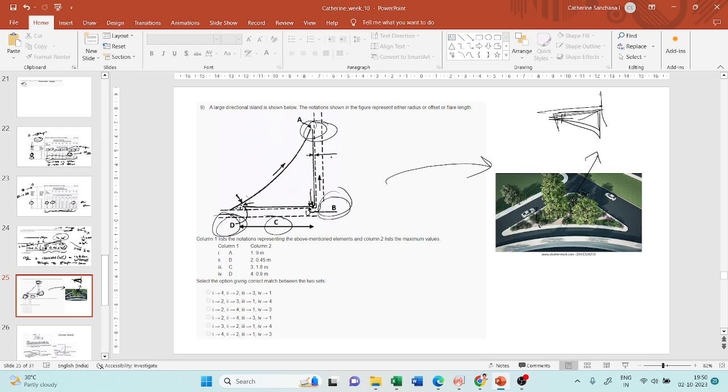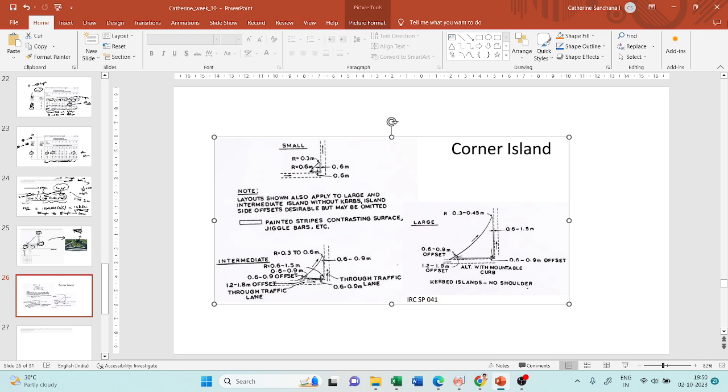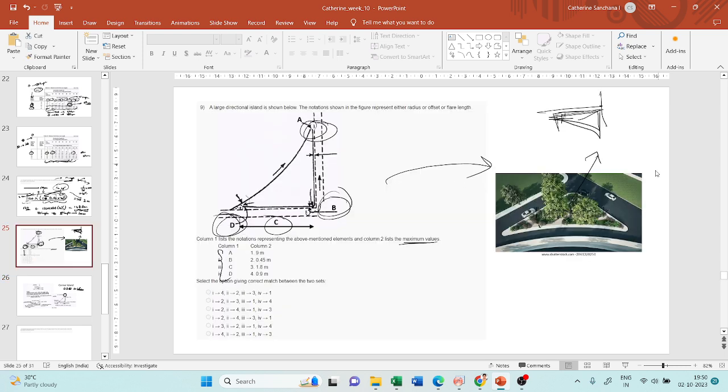They're asking you to match these A, B, C, D with the maximum values, right? So if you see this figure, first let us see A. A was here, and it was 0.3 to 0.45 meters, of which the maximum value is 0.45 meters. So for A, the maximum value has to be 0.45 meters.